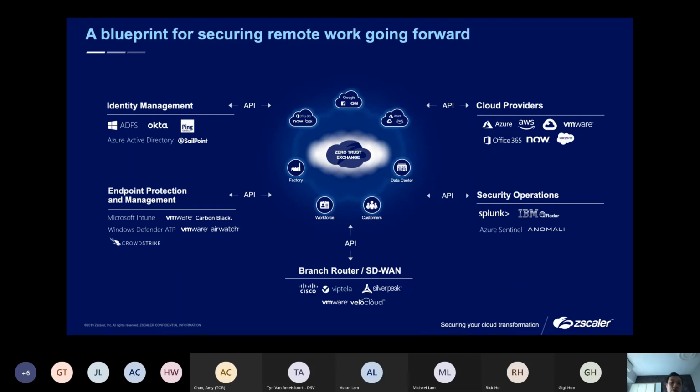We also integrate with many popular endpoint solutions so that you can leverage the intelligence from the endpoint solution and share that information with Zscaler for access control decisions. We also integrate with other identity management solutions so that they can do the identity checking, and we can get the identity from them and use it as part of the zero trust access control decision.